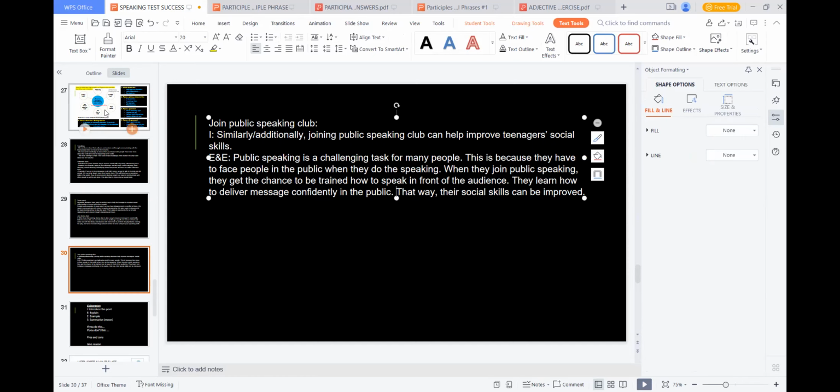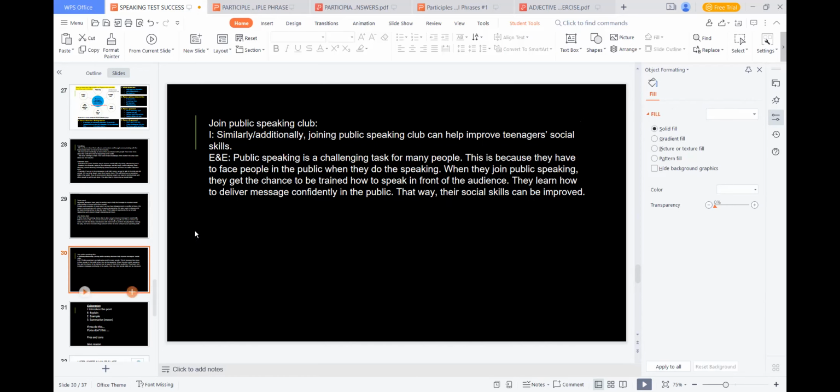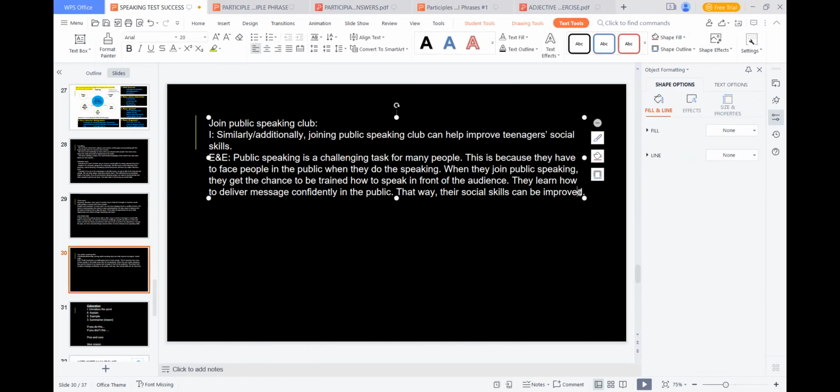Okay, next, the last point, group work. Okay, how can group work improve their social skill? Last but not least. Okay. Group work is also another good way to improve.